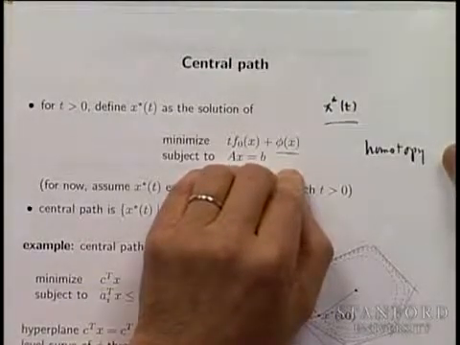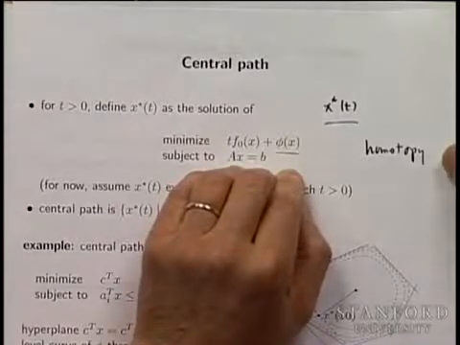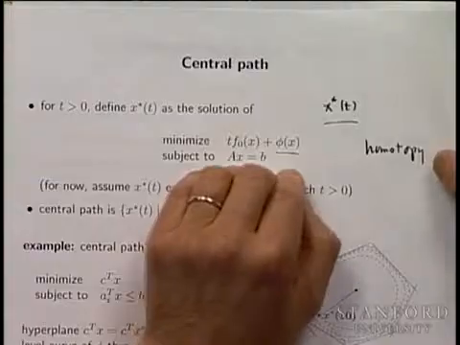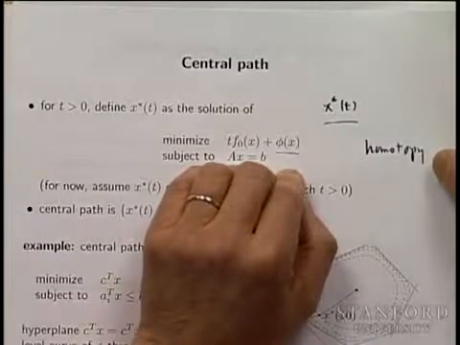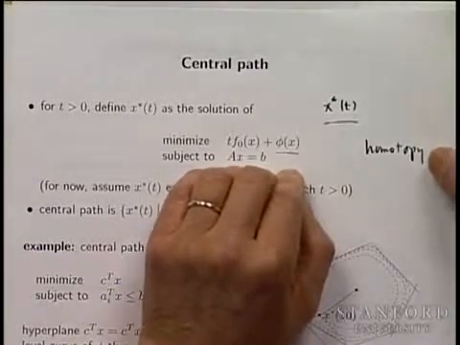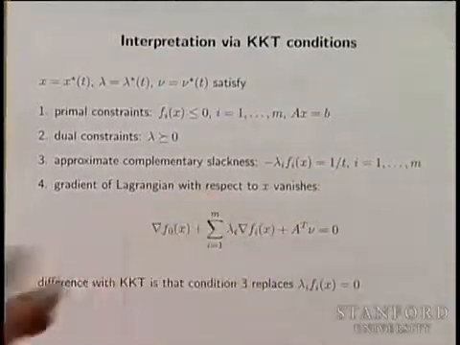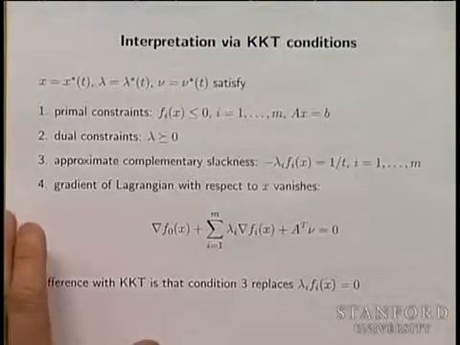In fact, you can even think of t as a parameter, where m over t is clearly simply the duality gap. So you can literally dial in whatever duality gap you want and be done. Okay, and that would be the method.